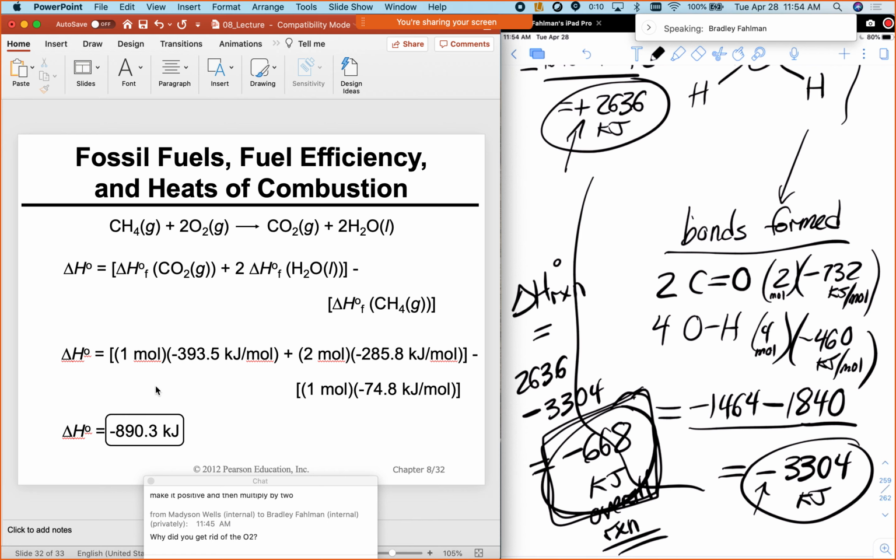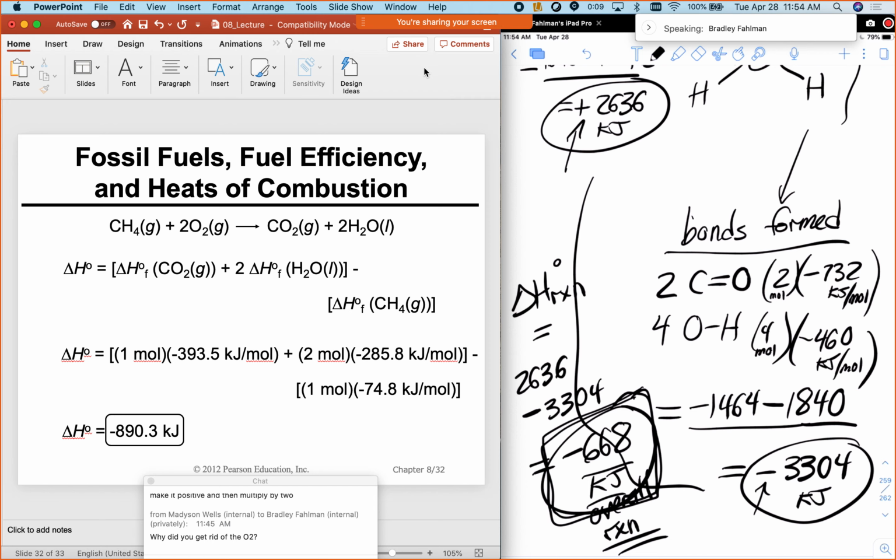This is what you get if you do the previous strategy, if you're given these different values from a table. You're not given any information about what the C=O bond strength is, but you're given the formation energies, then you can do, again, products minus reactants, and you end up with minus 890. So you get different values here.